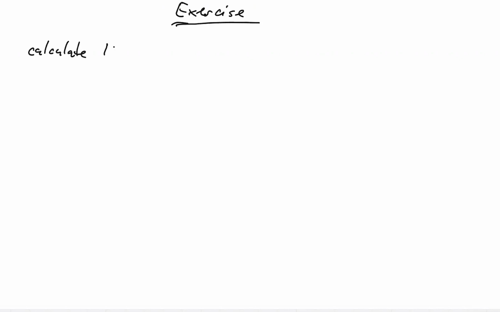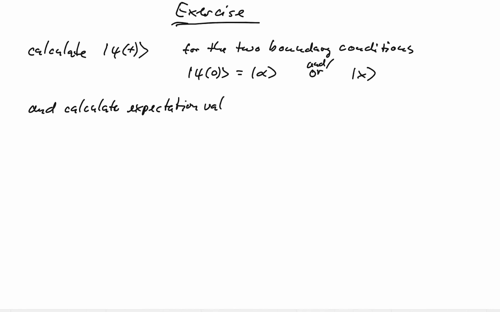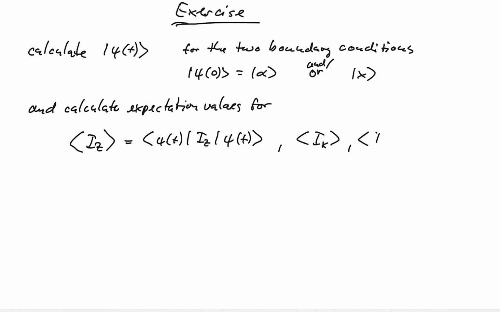Calculate psi of t for the two boundary conditions psi of 0 equals the alpha state or the x state, and then calculate the expectation values for Iz, which is psi of t times Iz times psi of t, and correspondingly Ix and Iy.